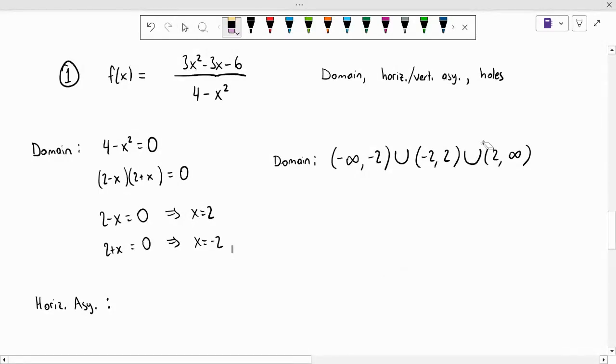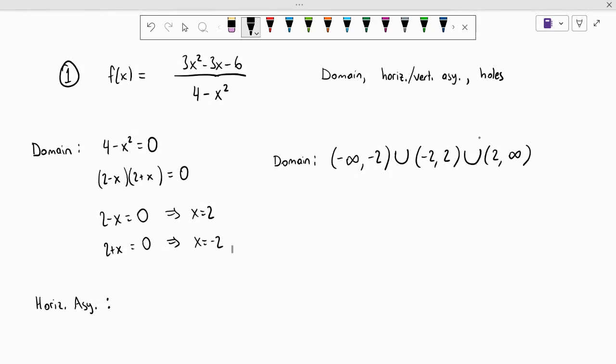You want to look at the degree of the numerator and the denominator. In this case, both numerator and denominator have the same degree of 2. When they have the same degree, you want to take the ratio of the leading coefficients to get your horizontal asymptote, okay?